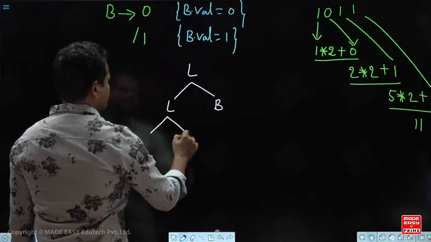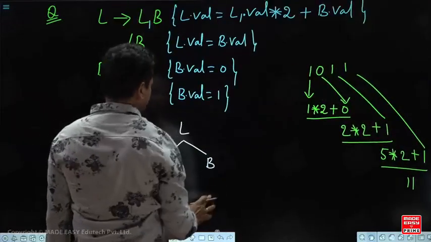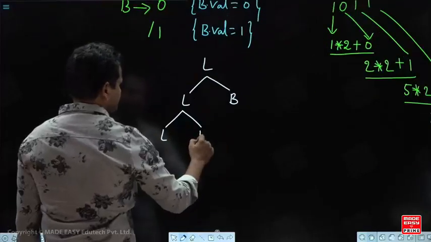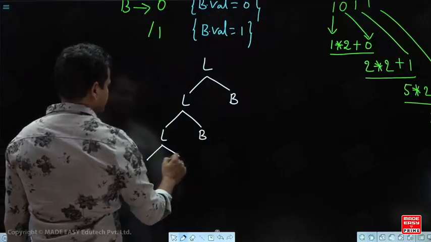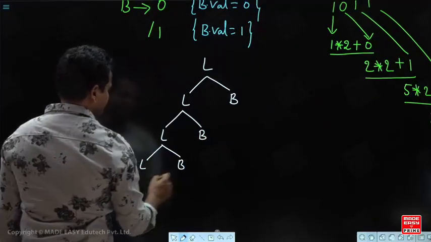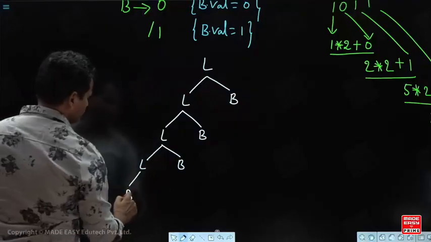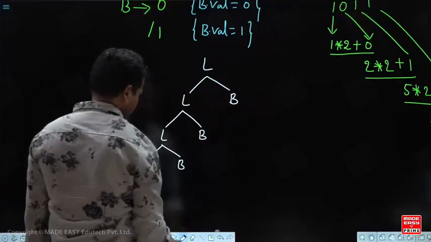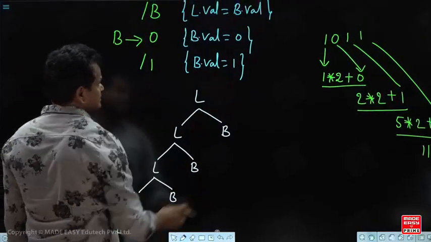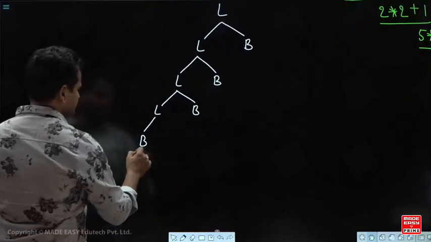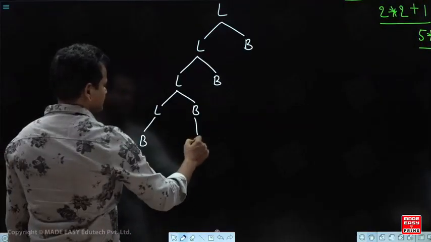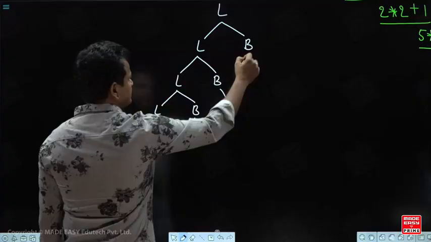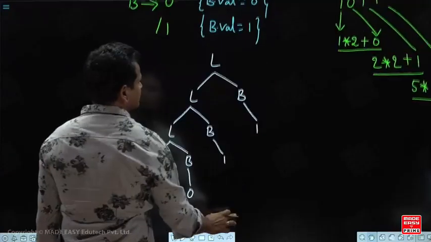How many bits do we have? 4 bits. So L derives LB, L derives LB, L derives B. So we have 4 bits, 1, 2, 3, 4. Now what is the string here? 1, 0, 1, 1.